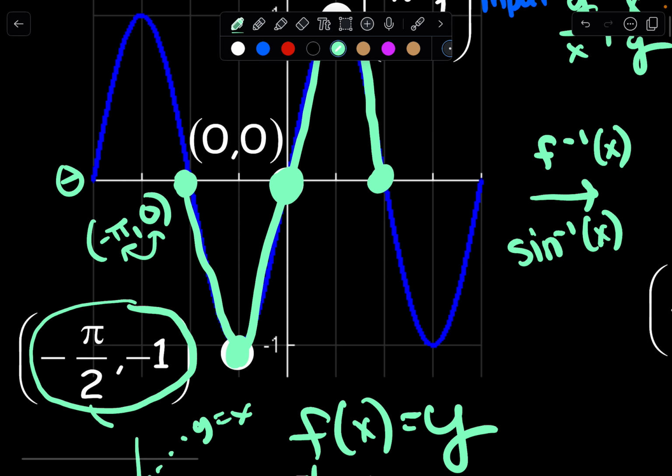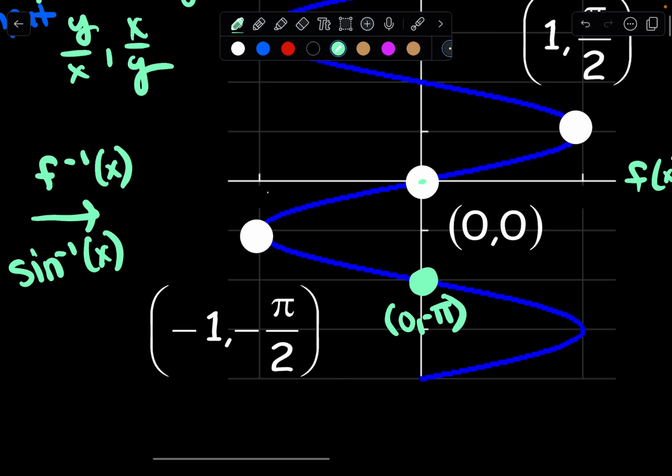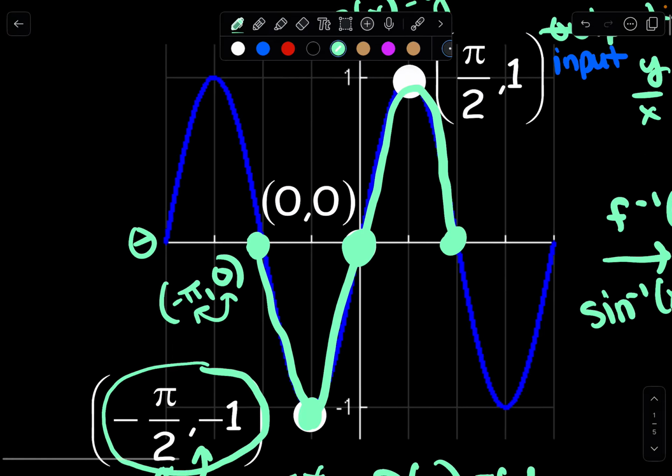So now I'm going to flip those. So I end up with negative 1, negative pi over 2. So on the horizontal axis, I travel that y coordinate, which is negative 1, and then I go down negative pi over 2. So that will be here. And if you notice, when I connect this, the concavity is opening up to the positive horizontal axis, just like it did over here.